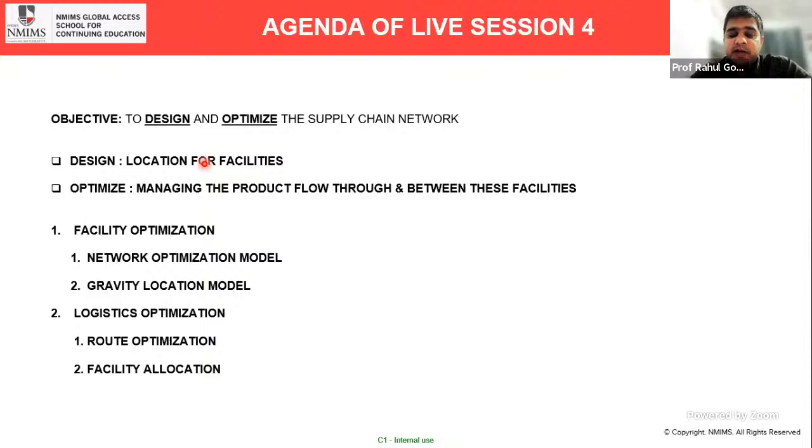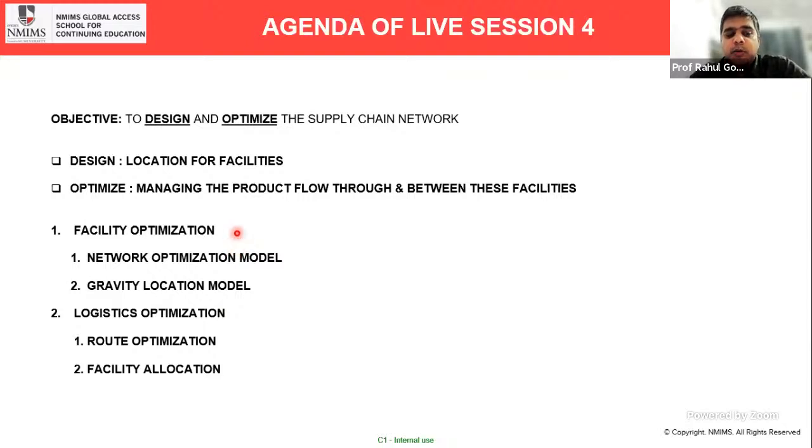Once we decide an overall region where a warehouse or manufacturing unit should be set up, then within that region, what is the exact location in which that facility should be set up. So that's about locating the right place for a facility. And when we talk about optimization, we are talking about optimization of the flow happening through and between these facilities.